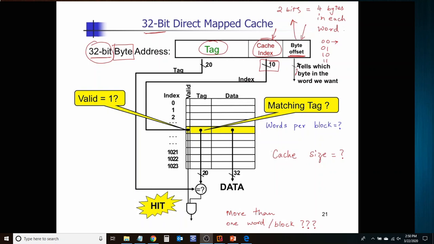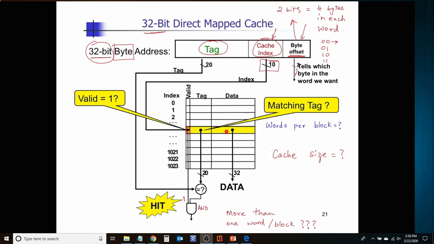Well, for this to be a hit, two things need to happen. This is an AND gate. The first thing is that the valid bit over here needs to be a 1. Valid bit is 1 means that there is a valid data entry at that particular location. Otherwise, it is going to be 0.